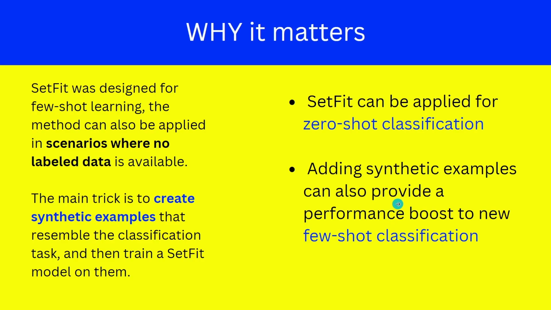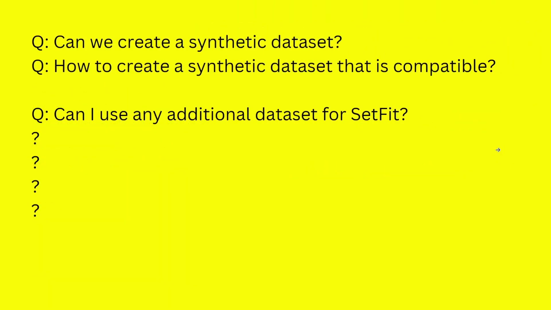So in order to see how it works, let's have a look in detail, and I will provide you with the code. We will run through a Jupyter notebook and I show you the improvement you can achieve for some specific data sets if you add synthetic examples to your data set.